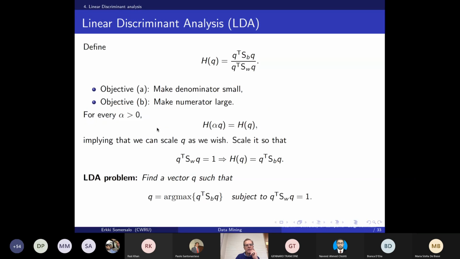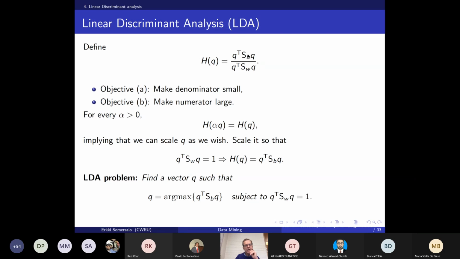So here's the idea. Think about the between cluster spread. The between cluster spread is characterized by the SB scatter matrix. Therefore, if you want to maximize the scatter of the centroids, you would like to make this Q transpose SB Q as large as possible.